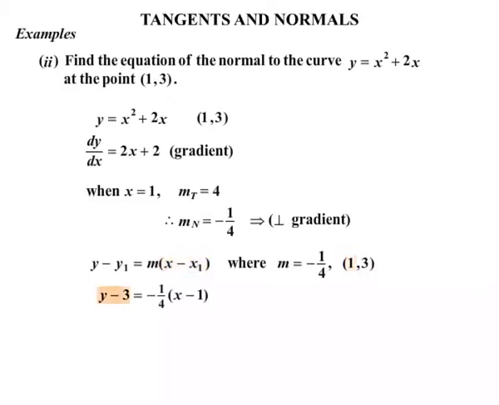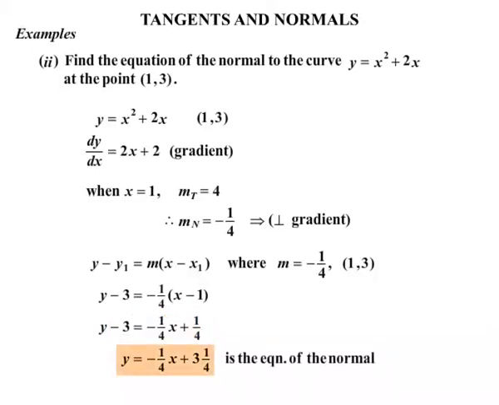So we have y minus 3, let's rewrite that. Minus 1/4 is multiplying by that whole bracket, and we'll have the y by itself. We've got minus 1/4 x there, and that minus 3 will go over, become plus 3. So we'll have 3 plus 1/4 will be plus 3 1/4. And that is the equation of the normal.